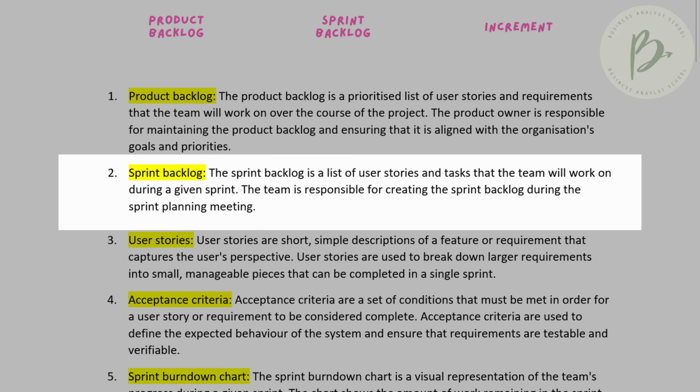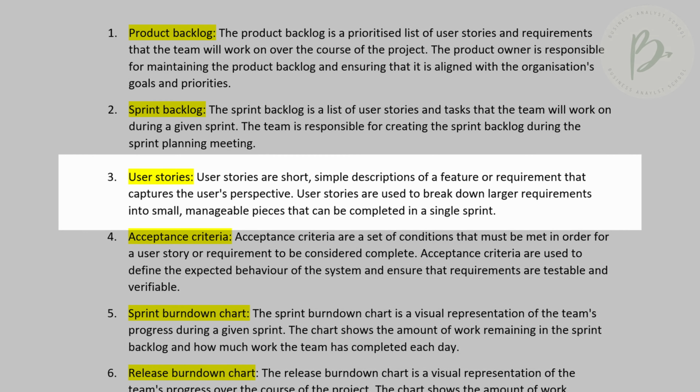We already talked about the sprint backlog, which is another artifact within the agile environment. Again, it's a list of user stories and tasks that we will work on during a given sprint. These are generally taken from the product backlog. The team is responsible for creating this sprint backlog during the sprint planning meeting.